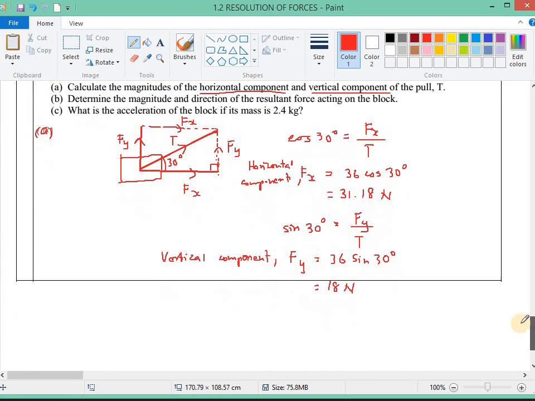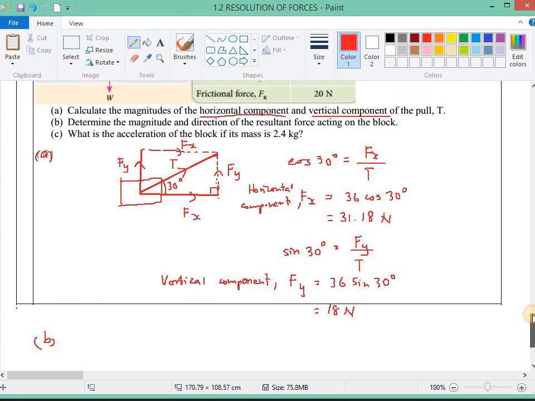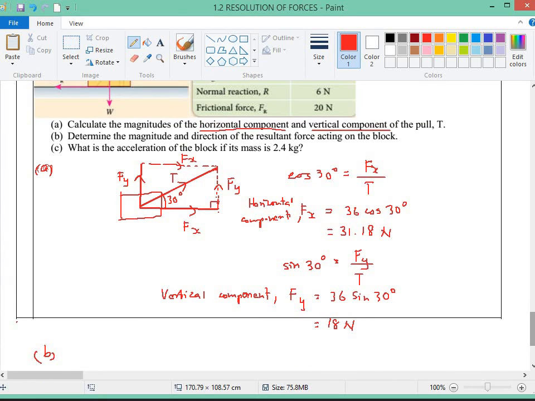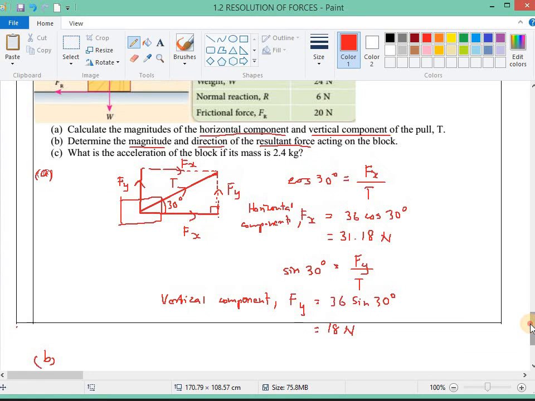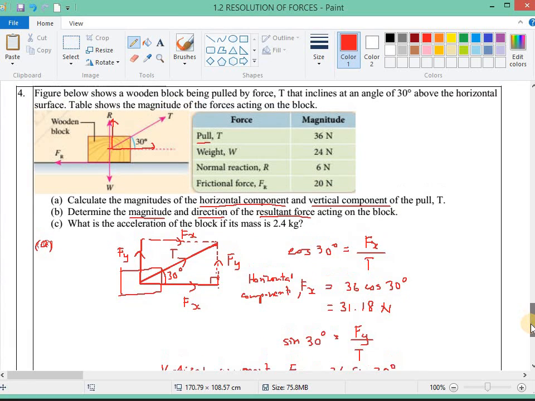Okay, next B. Determine the magnitude and direction of the resultant force acting on the block. For the resultant force, there are two components: we have the horizontal component and we also have the vertical component.